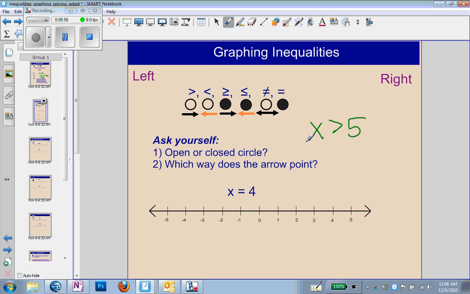So I would not include 5 in that case. So I would use an open circle on my 5, and you'll see an example in a minute. And my arrow would point in the positive direction because all my numbers would be bigger than 5 to make this a true statement.